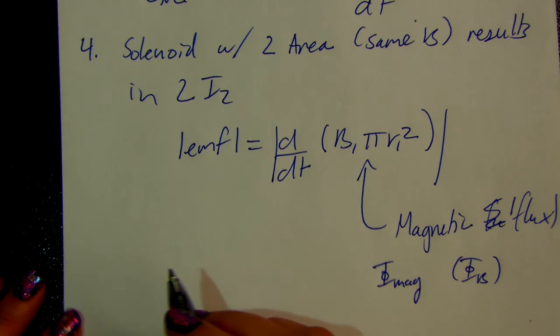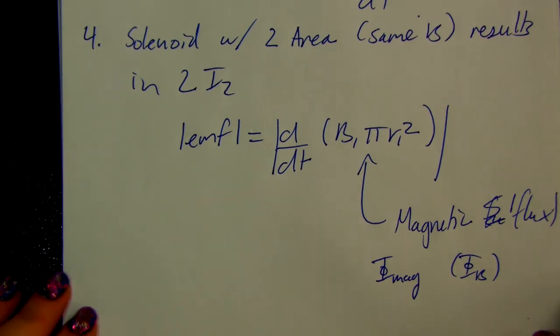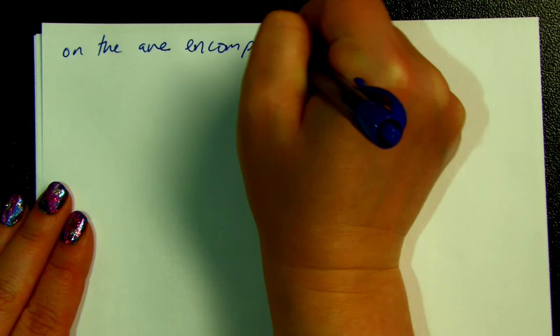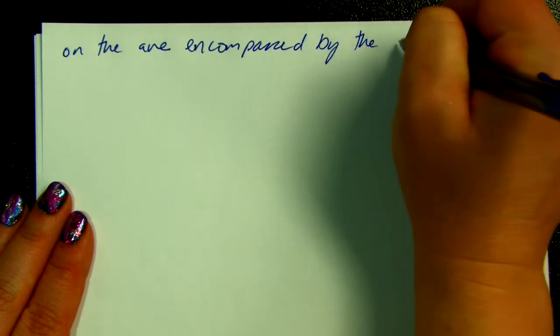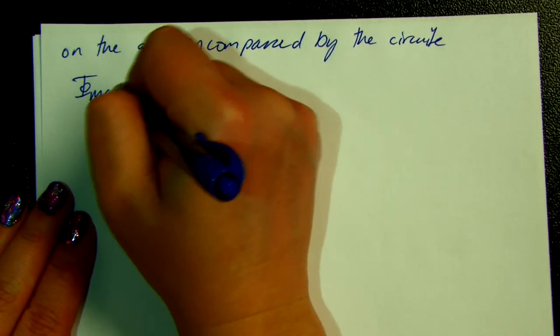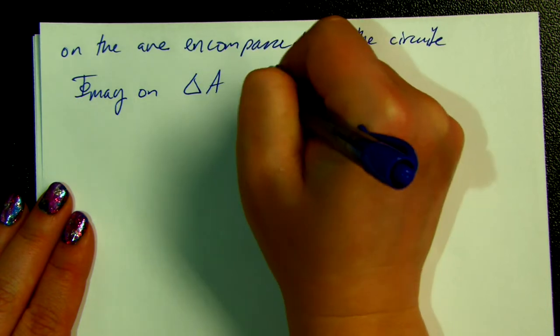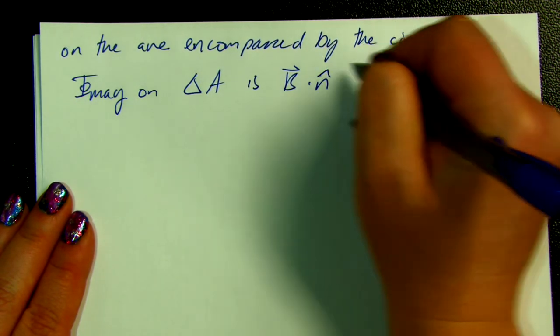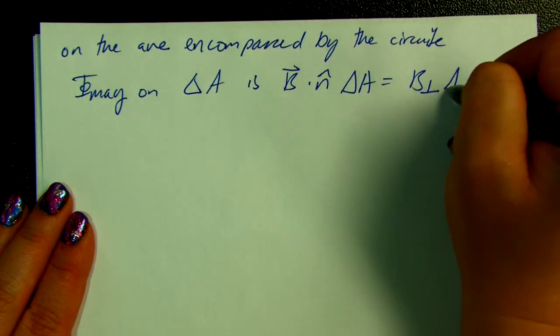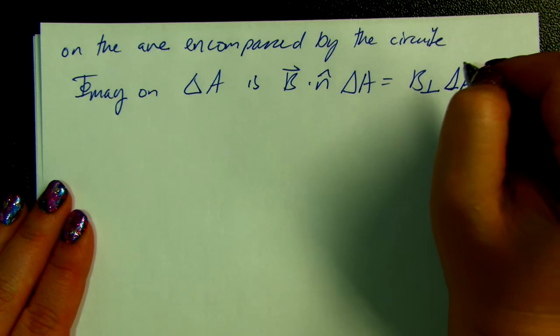Okay, so building on that, on the area encompassed by the circuit, you have that the magnetic flux on ΔA is B dot n hat ΔA, which is equal to B perpendicular ΔA. So this looks a lot like our formulation for electric flux.